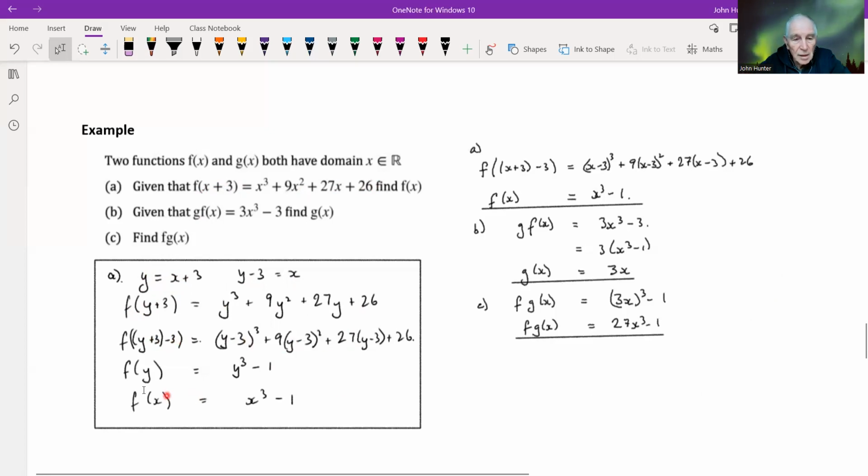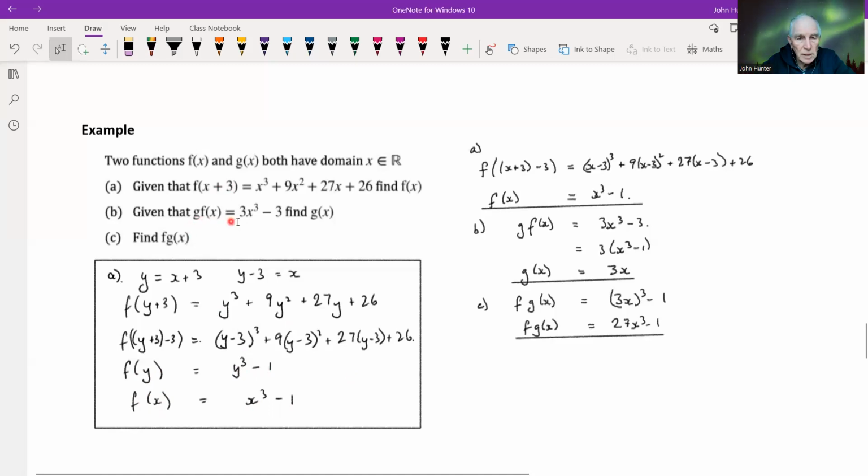We get this, and that gives us f of y equals y cubed minus 1. And therefore, it's just letters, we can change the letters. f of x equals x cubed minus 1. So it might help to look at it like that. If you're not clear about that, then pause the video and just convince yourself.